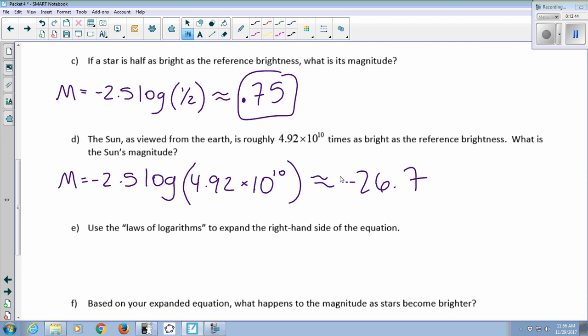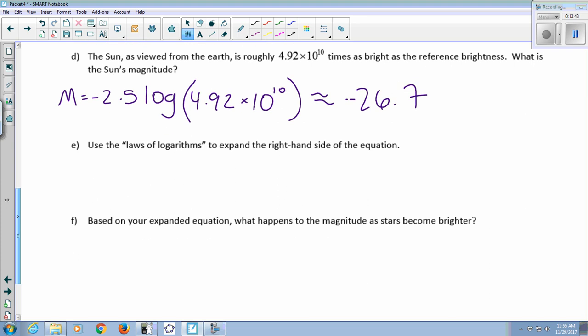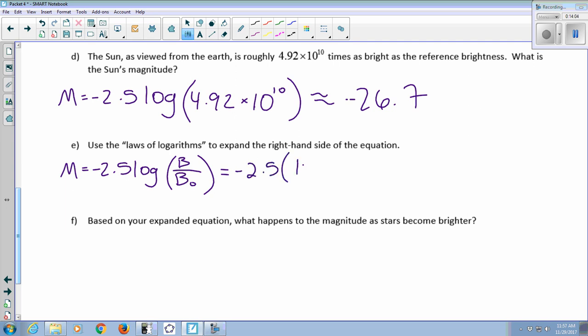All right, I want to use the laws of logarithms to expand the right-hand side of the equation. So M is negative 2.5 times the log of B over B naught. So that's a division, so I can expand that into a subtraction. So I have negative 2.5 times the log of B minus the log of B naught.